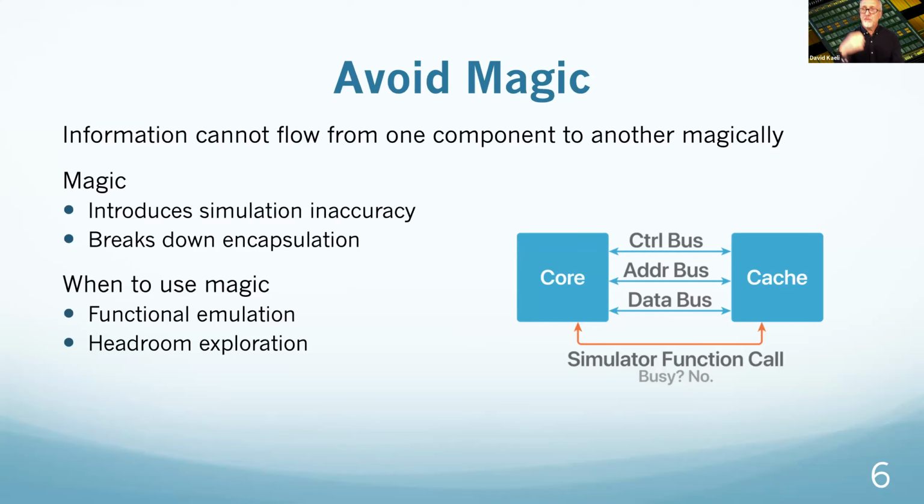Similarly, in simulation, if something occurs over here, it shouldn't affect something over here directly. We have to send a message through a communication protocol, and then a change can occur over here, but not before that. Magic introduces simulation inaccuracy, and it breaks down this nice encapsulation.